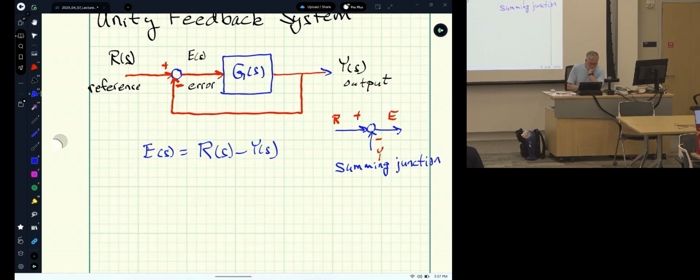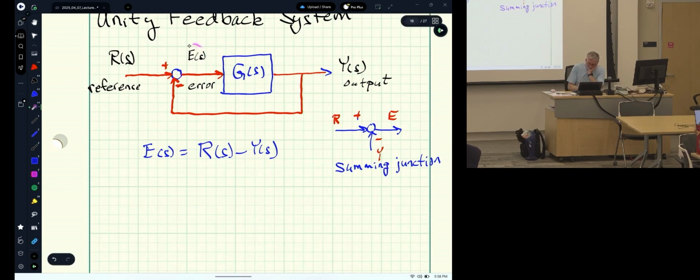So what am I doing? I'm measuring an output. I would like it to be equal to my reference. I want my water to flow at 1 liter per second. That's my command. I'm measuring my water flow. I'm forming an error.